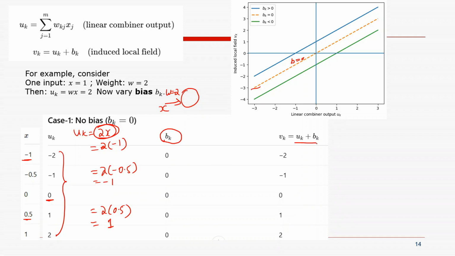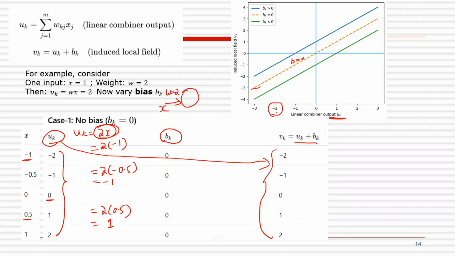Therefore VK becomes UK plus BK, where whatever the UK is, the same we are going to get here. When UK was minus 2, here also minus 2 we are going to get. That is the same line. If it is minus 1, here also minus 1.